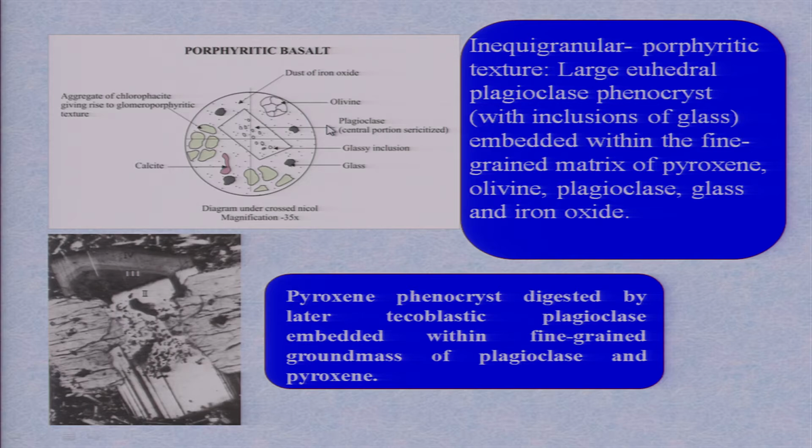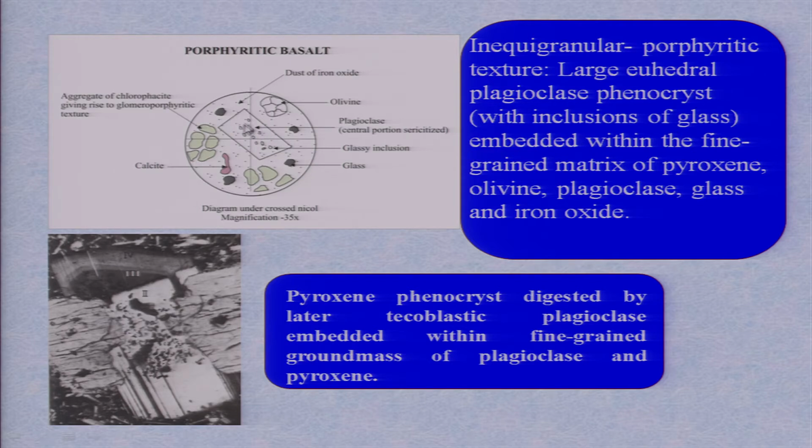Porphyritic basalt, again I am citing an example of basalt. This basalt displays inequigranular phenocrysts. Large euhedral plagioclase phenocrysts; euhedral means well developed crystals with well developed crystal boundaries, with inclusions of glass.